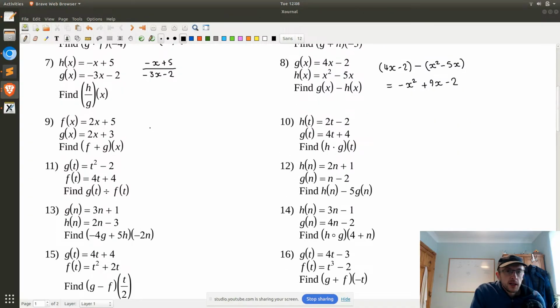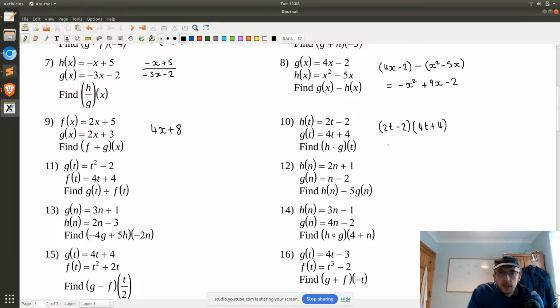Adding the functions now, we get 4x plus 8. Timesing the functions now, 2t minus 2 by 4t plus 4. And we'll get 8t squared, and then 0, and then minus 8.